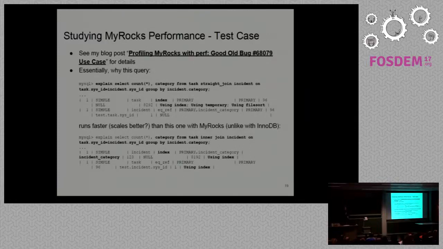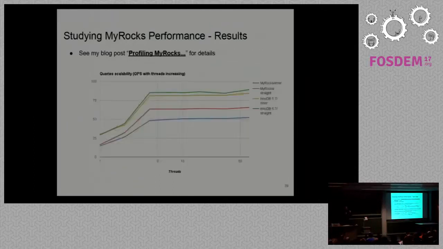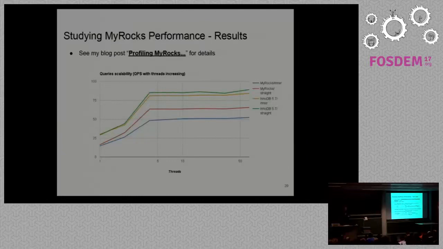The last but not the least, one example of when you have to use profilers because there is just no performance schema. I tried to profile a MyRocks specific load that is questionable and everything. There is a query, historically from an older InnoDB bug, that can be executed differently, with different join order, and one of the queries avoids filesort, which is normally a desirable thing, but the other does filesort.